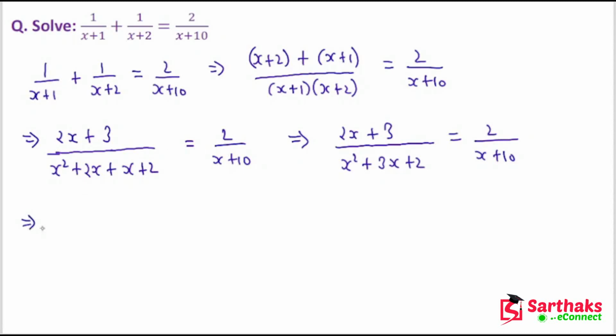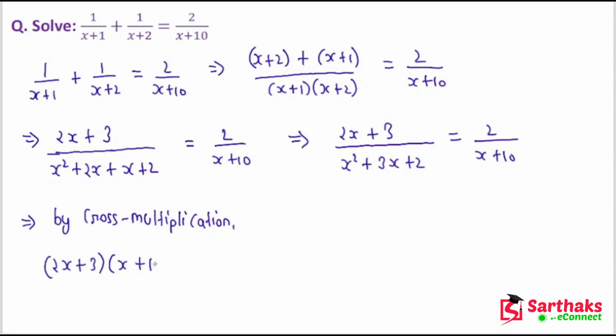So by cross multiplication, we have 2x plus 3 into x plus 10 is equal to 2 into x square plus 3x plus 2.